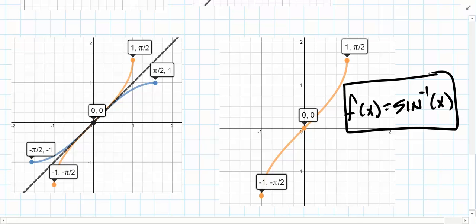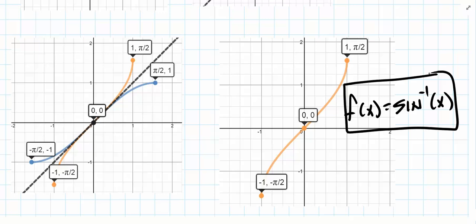So there's a lot of referencing back to what we did in terms of restricting our domains and understanding that we can't even have an inverse sine unless we restrict the domain on the regular sine curve. So we choose negative pi over 2 to pi over 2. We restrict the domain. We draw the graph. We then switch x for y, because we're finding an inverse function. And we end up with this cool orange graph.